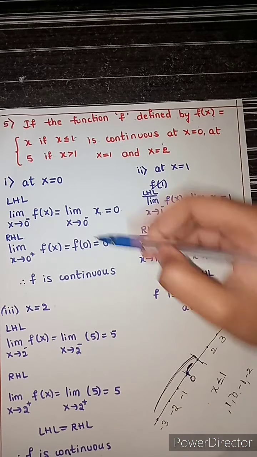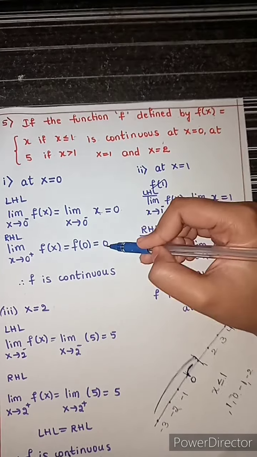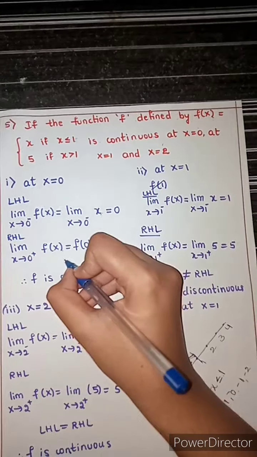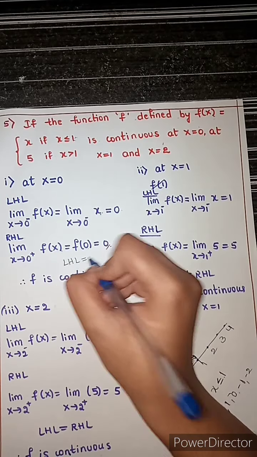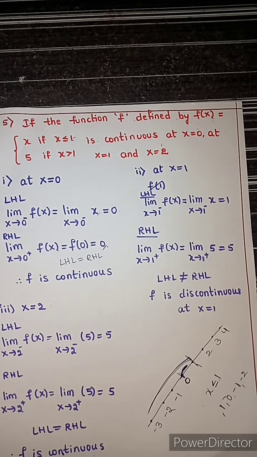Somewhat greater than 0 means we take the first function, right? So f of x, put 0 in the place of x, so 0. Now the left hand limit is equal to the right hand limit, therefore f is continuous.